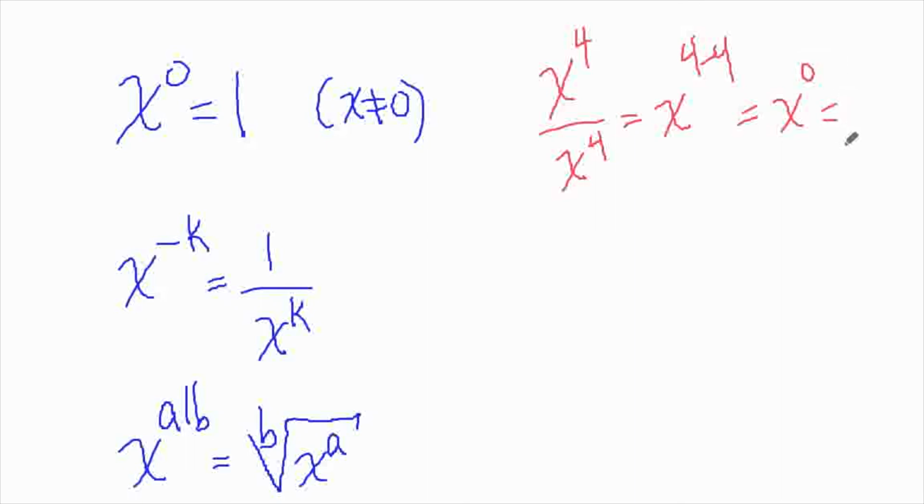Now, we also learned from algebra that whenever the numerator and denominator are the same, as long as they're not 0, that's equal to 1. So that fraction is 1. So can you see how this definition integrates the best with the quotient rule?